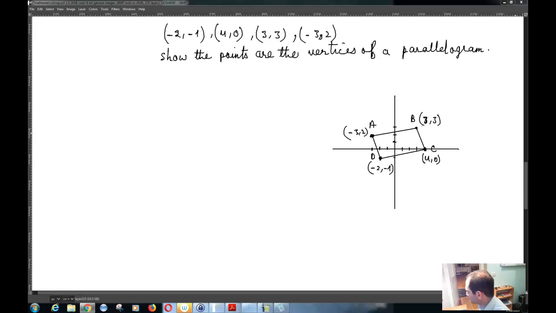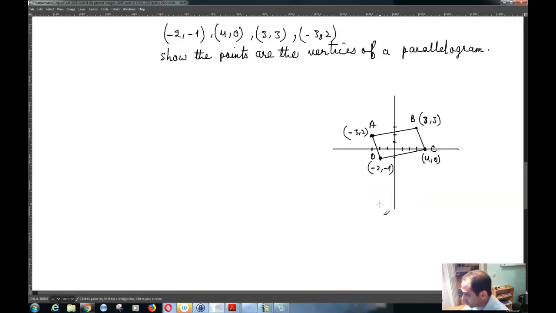Both pairs of opposite sides of the quadrilateral are parallel, hence ABCD is a parallelogram. Okay, that's exactly what I said, so the solution is actually right.